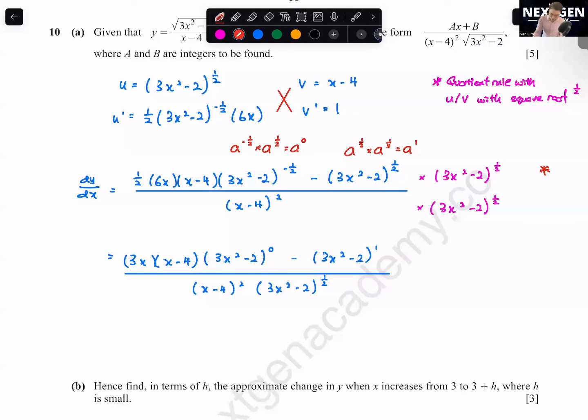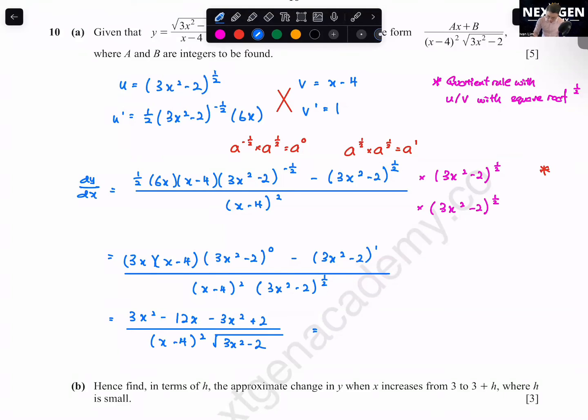Okay, so now I open up the bracket on top. Here will become 3x squared minus 12x minus 3x squared plus 2. Okay, then over x minus 4 squared. Okay, this time I write it into the form that they want, which is square root 3x squared minus 2.